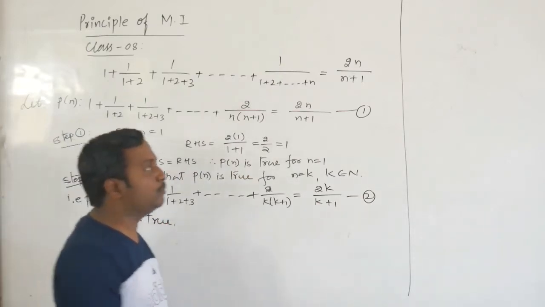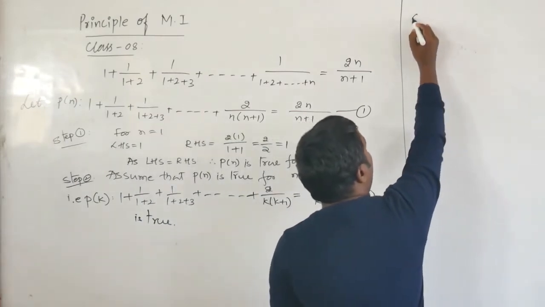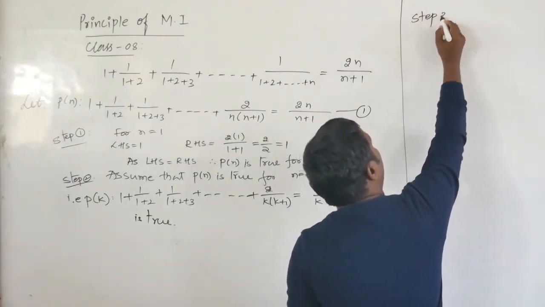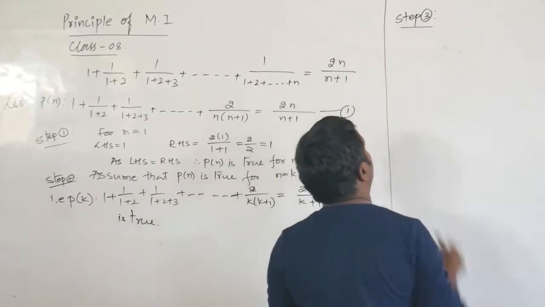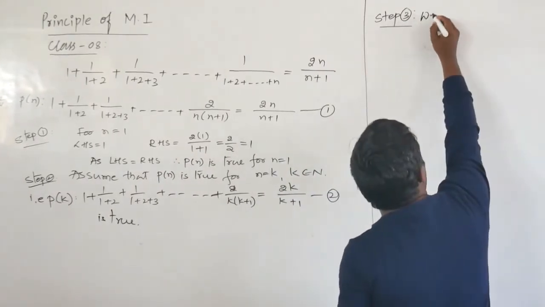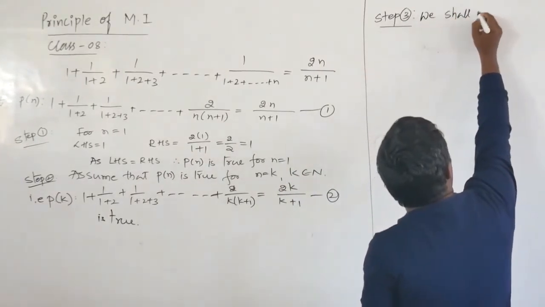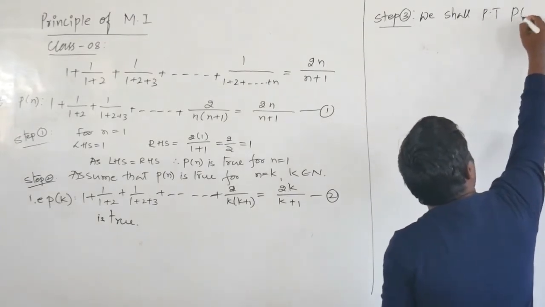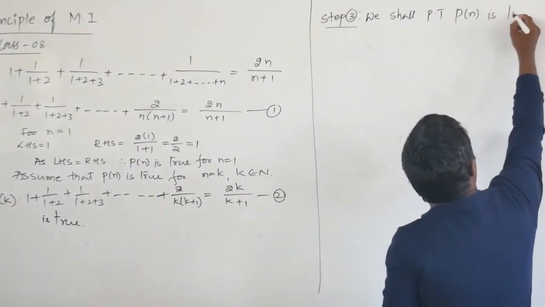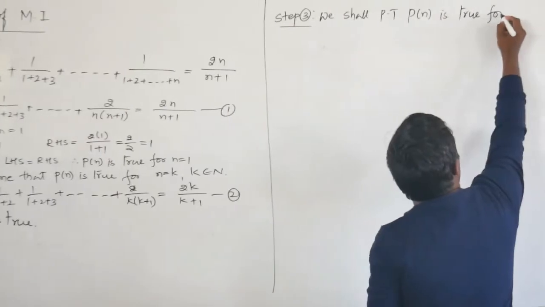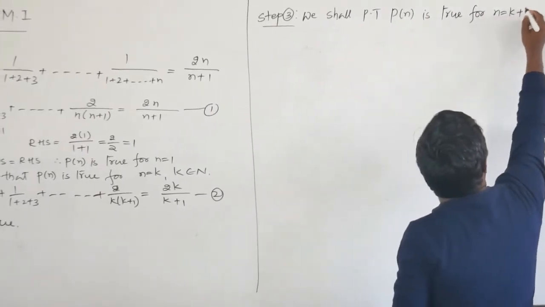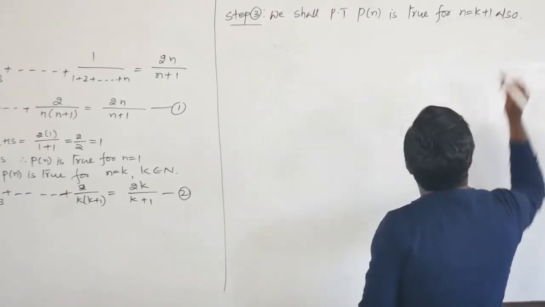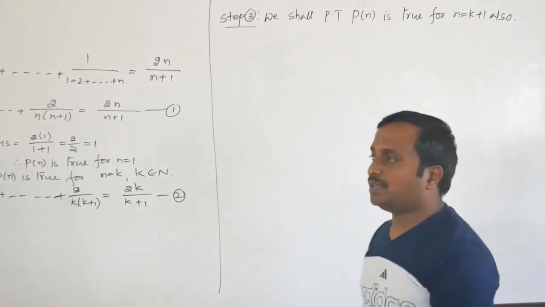Now we will move to step 3. Again, we shall prove that P of n is true for n equal to k plus 1 also.